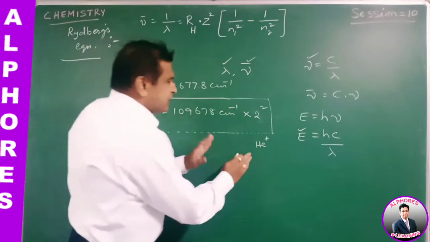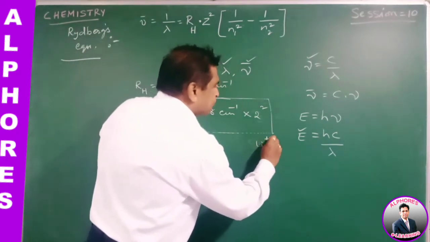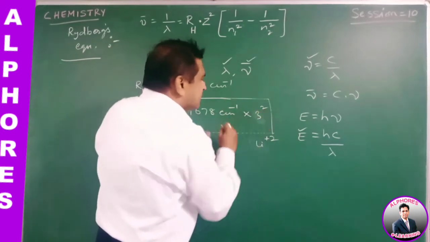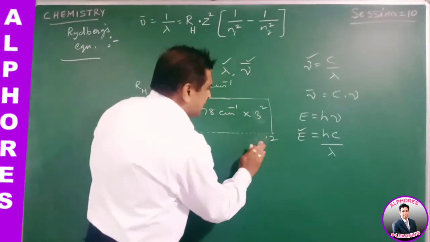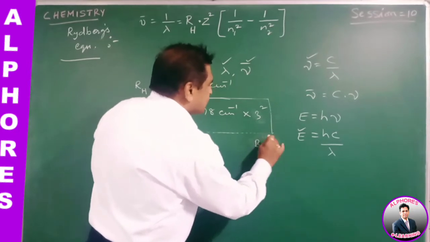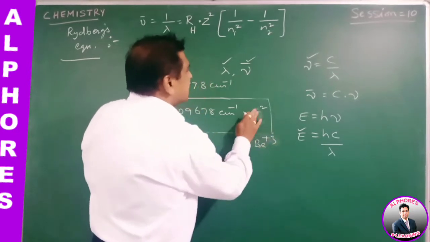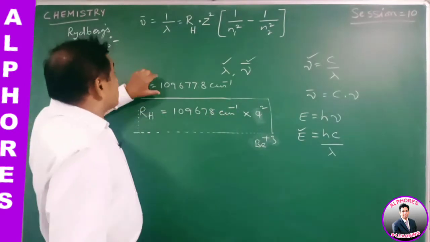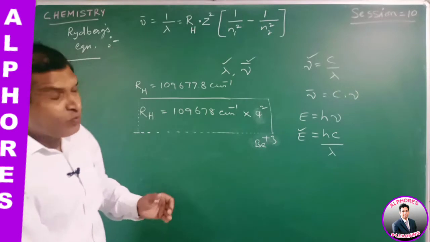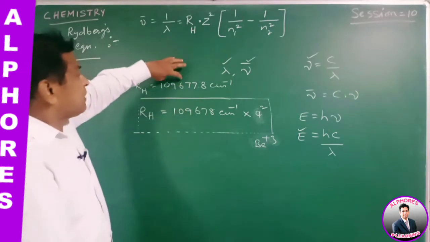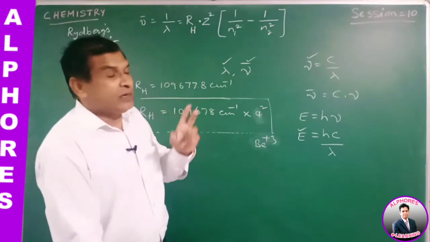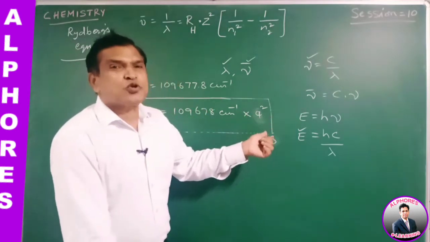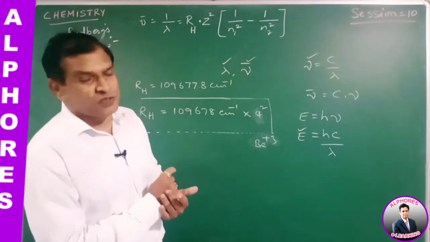Suppose it is lithium 2 plus, then lithium's atomic number 3 square. Suppose it is beryllium 3 plus, then beryllium's atomic number 4 square, like that. So 109,677.8 centimeter inverse is the Rydberg's constant value for the hydrogen atom, and for species like hydrogen it is multiplied by Z square, meaning the atomic number of that species.